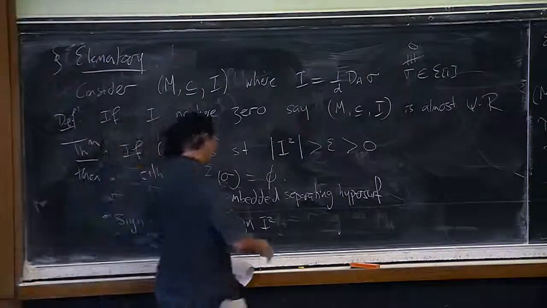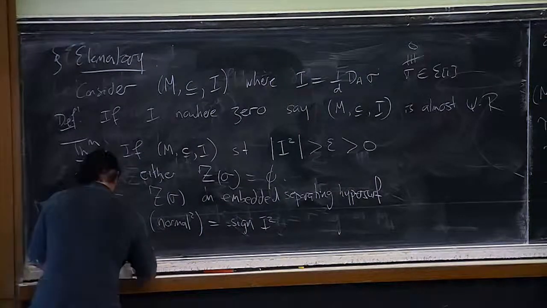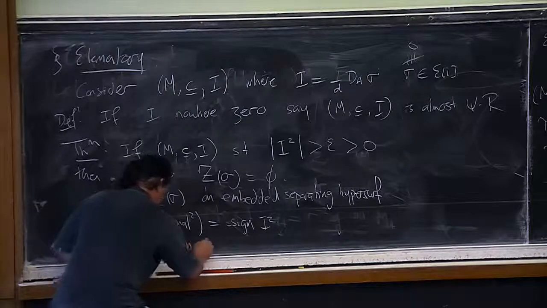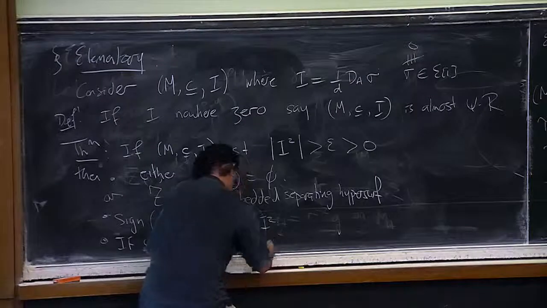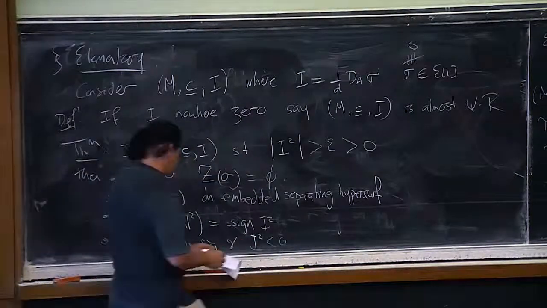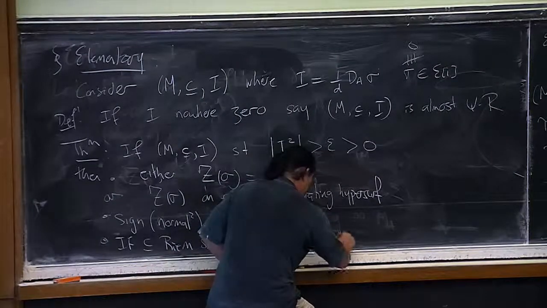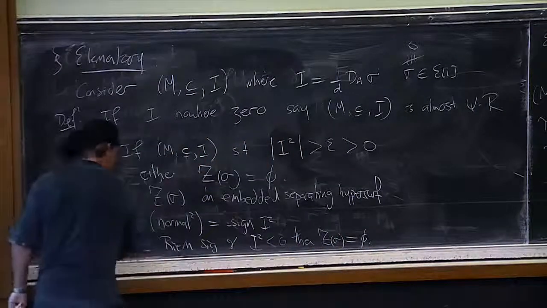And finally, if the conformal structure has Riemannian signature and I squared has negative length, in other words, the scalar curvature is positive, then the 0 locus of sigma is equal to the empty set. There is no 0 locus.